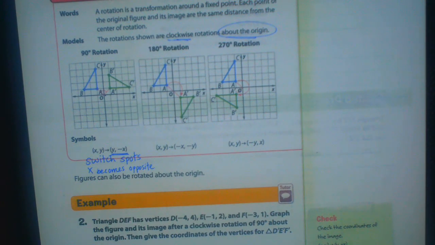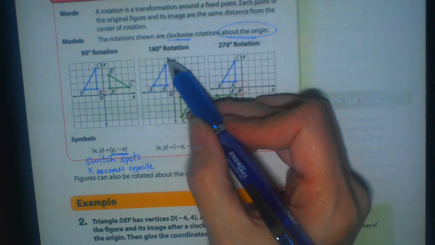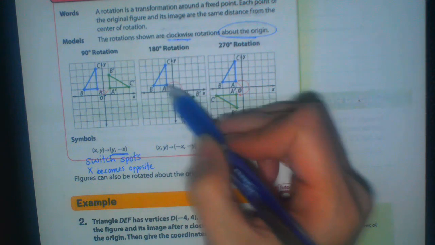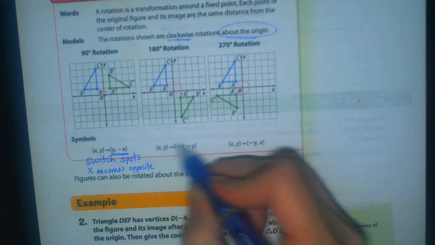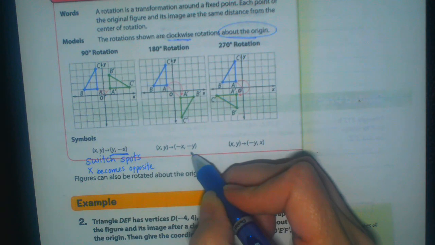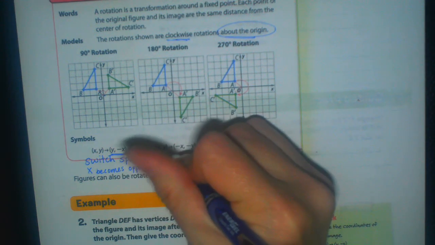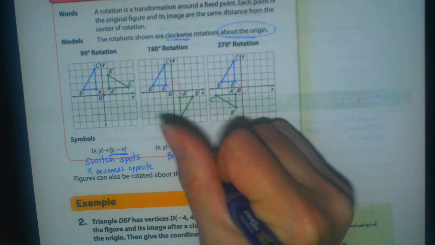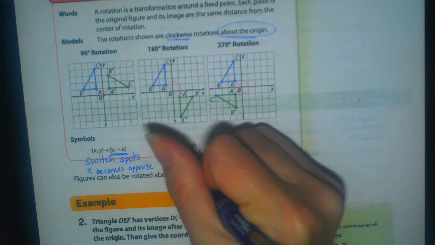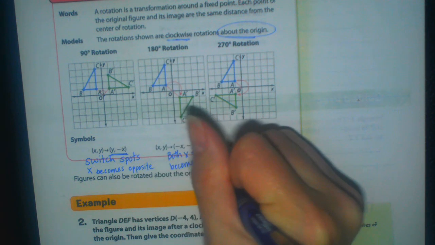If they are rotating 180 degrees, so that's like a straight line, then they don't switch spots, but they both become opposites. So both X and Y become opposite.